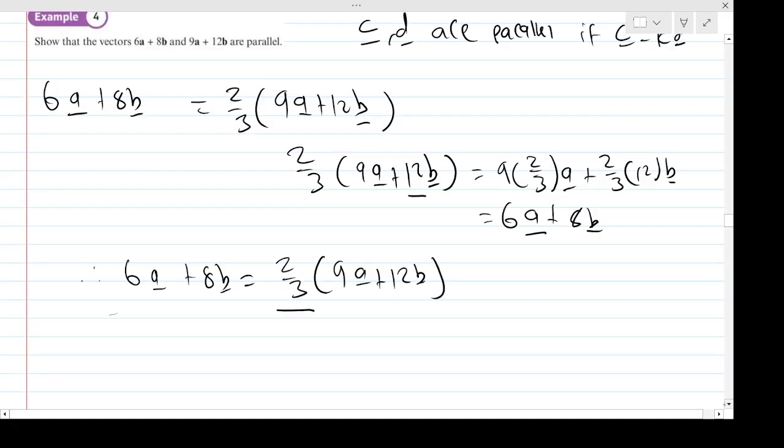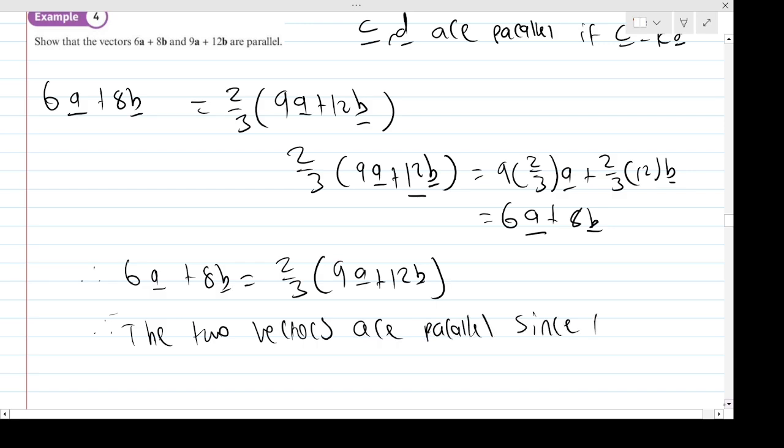They're a multiple of 2/3 to be exact. So therefore, the two vectors are parallel since they are what we like to call scalar multiples of each other.